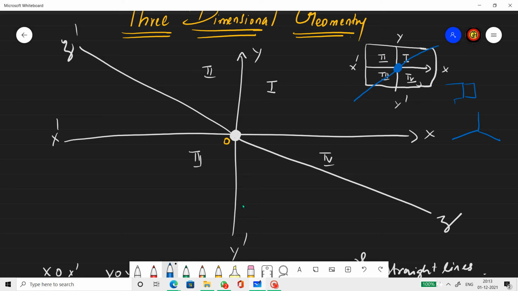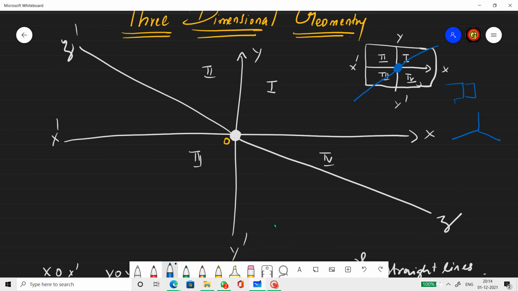So in the first 4 octants, the nature of x and y will be similar to what you see in the quadrants, and z will be positive throughout. And in the next 4, that means the 5th, 6th, 7th, 8th octants, the nature of x and y will be the same as in the quadrants, but z will be negative.